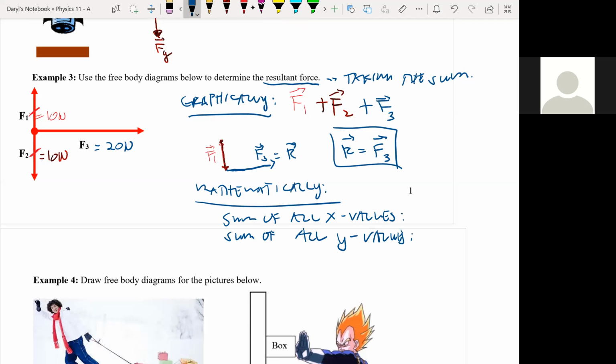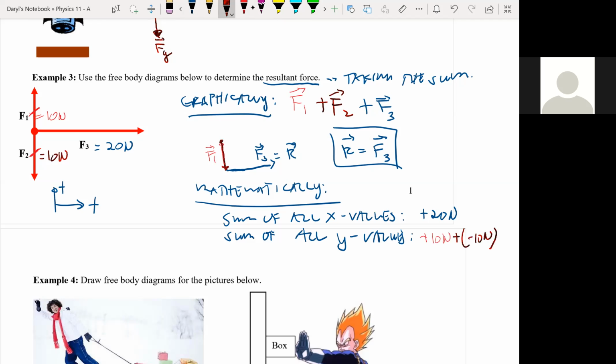So for the x values, I only have positive 20 newtons, if to the right is my positive. For the y values, let's say going up is positive. You'll have positive 10 newtons, plus the negative of 10 newtons.